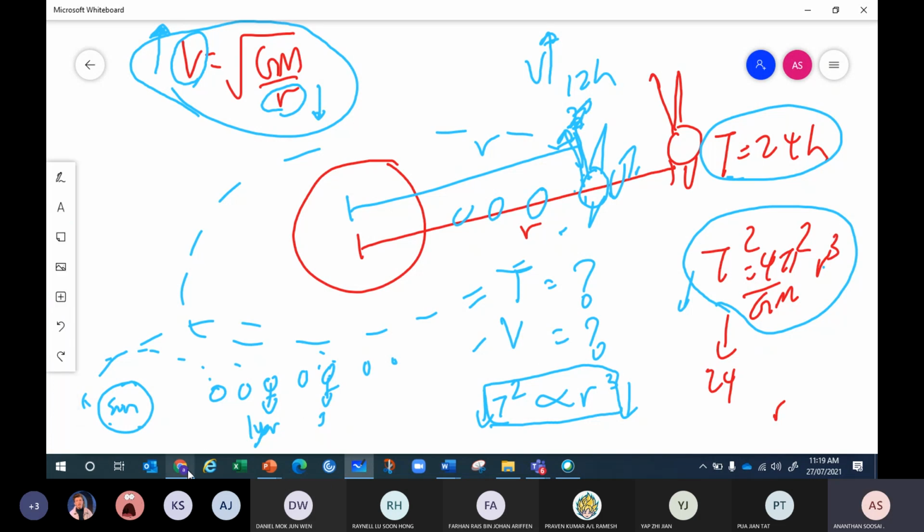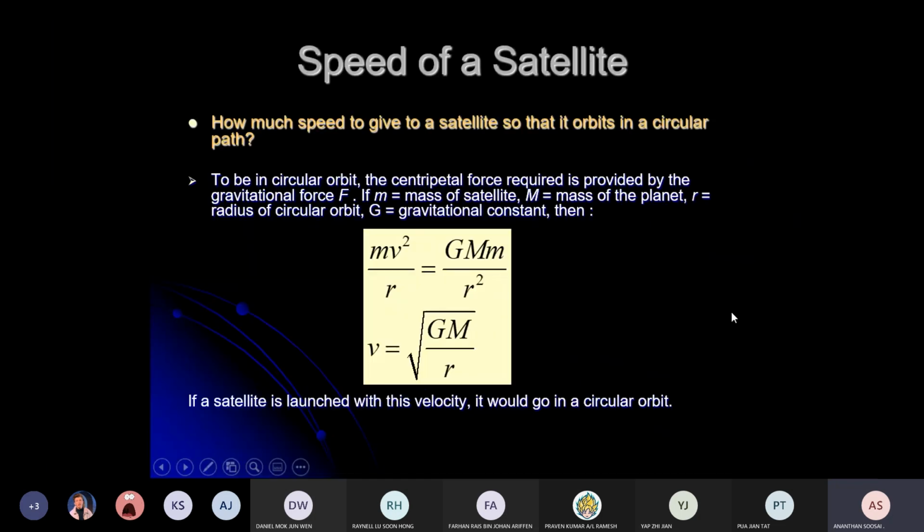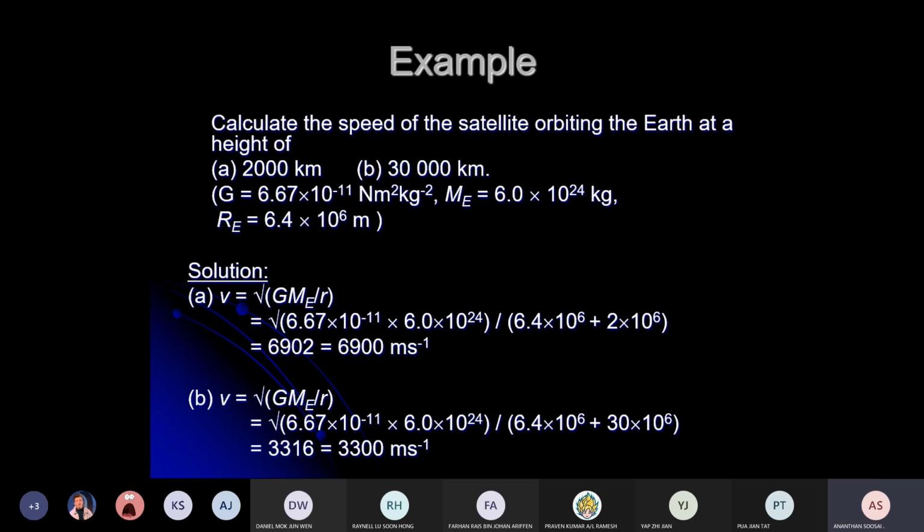Go back to the equation. So this is the equation. Now go to the next one, an example. Calculate the speed of a satellite orbiting the Earth at a height of 2,000 kilometers and 30,000 kilometers. Two satellites have been launched at different heights.